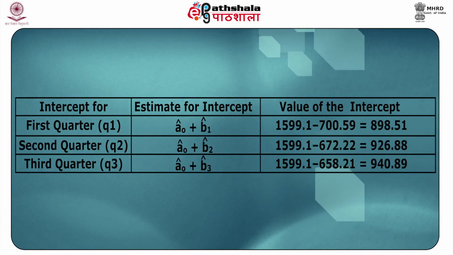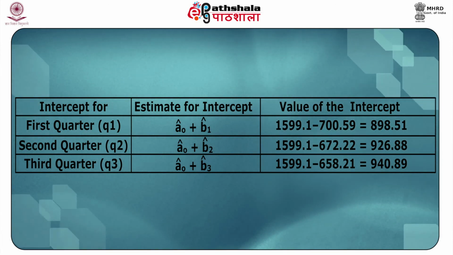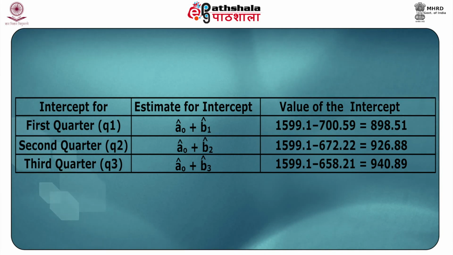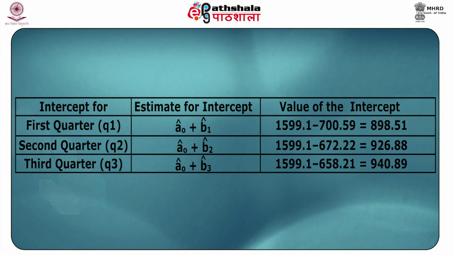The results clearly show a positive and significant trend in sales as A hat 1 is greater than 0. The above low p values indicate that the prediction of the sales for next 2 years will be higher.